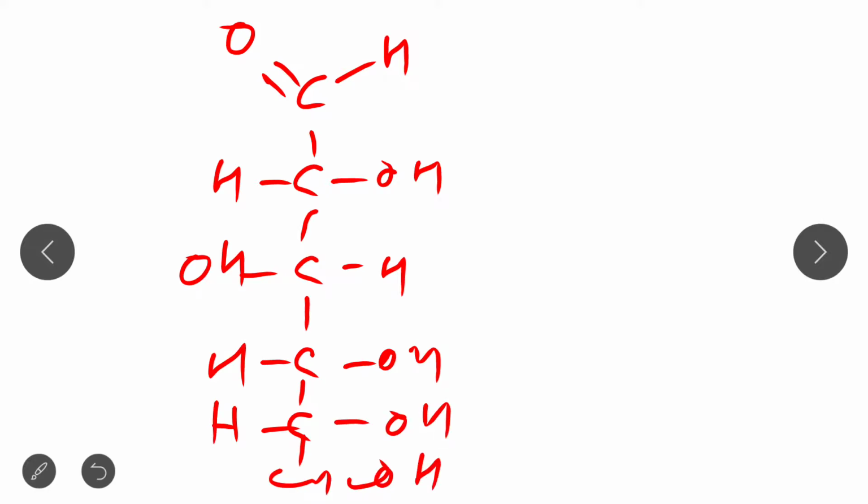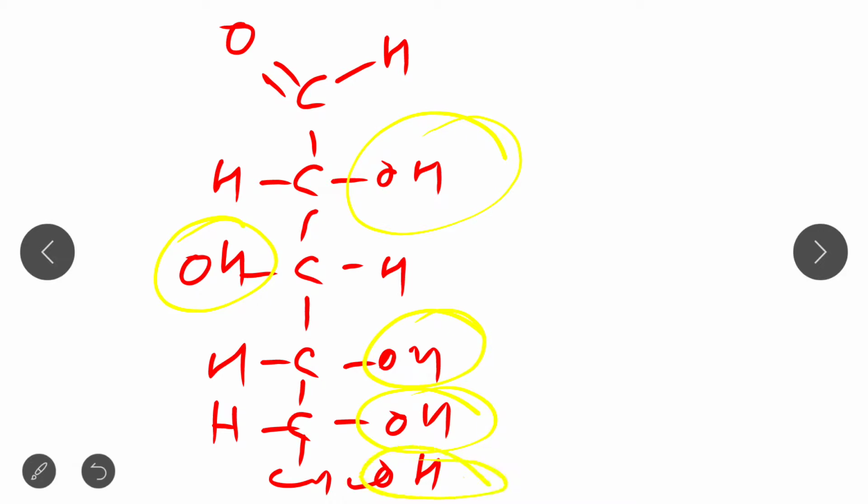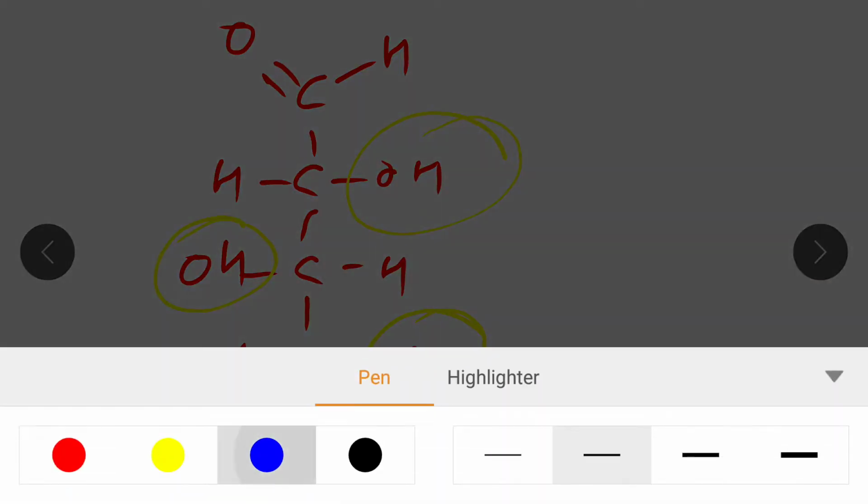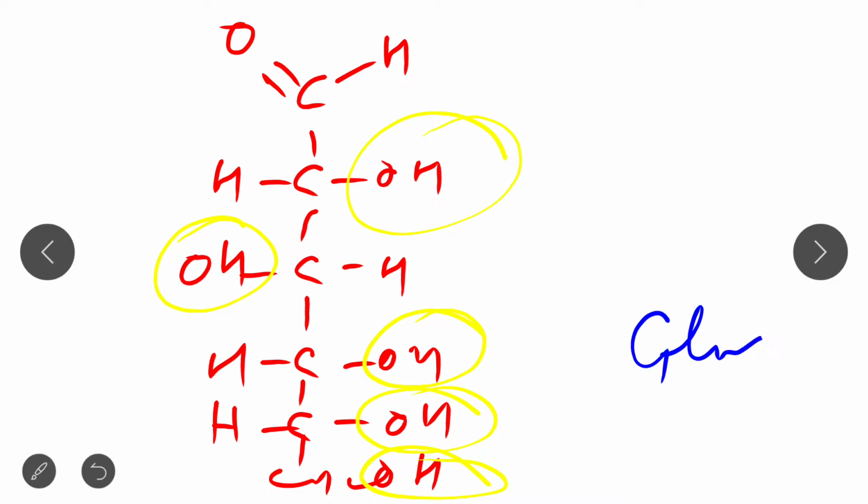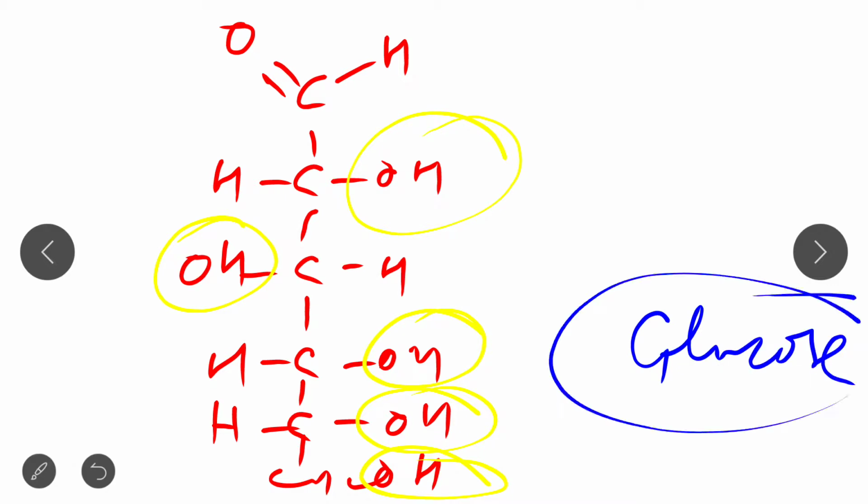So if you count 1 hydroxyl group, 2 hydroxyl group, 3 hydroxyl group, 4 hydroxyl group, 5 hydroxyl group, there are 5 hydroxyl groups present in this structure of D-glucose.